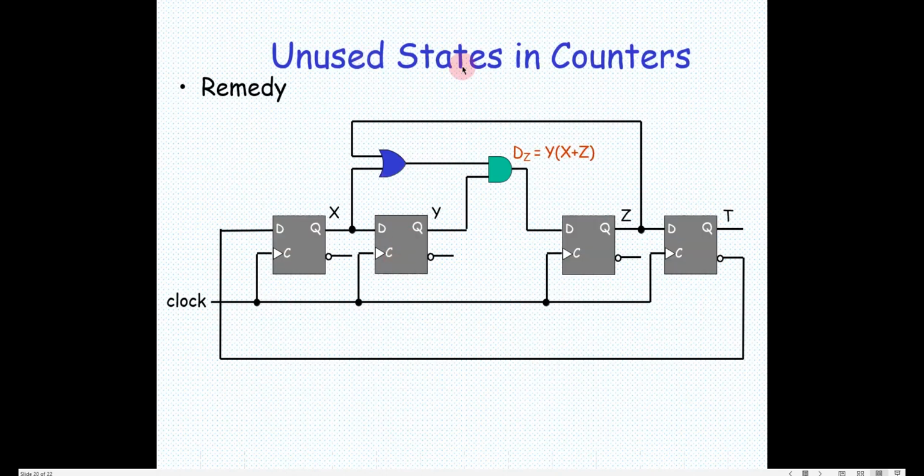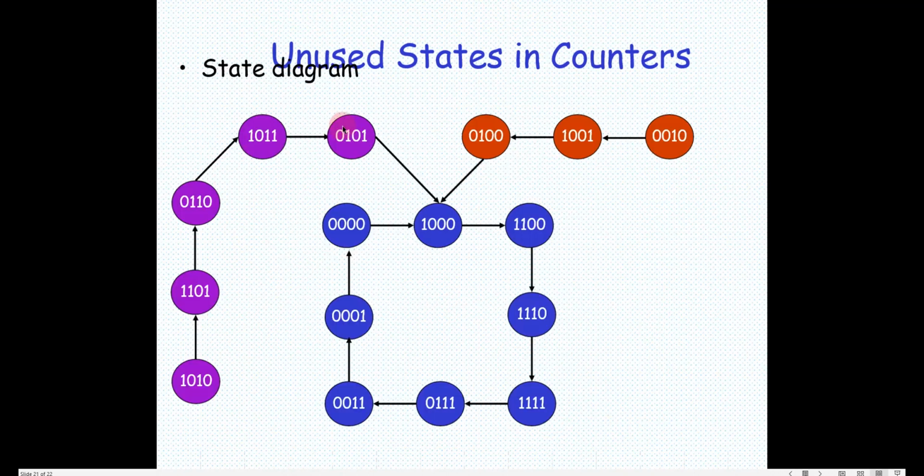Somebody had suggested this particular option. What it does is, whenever it goes into an unwanted state, these two additional gates, one OR and one AND gate which have been put here, bring the circuit back into the correct loop in this manner, right? As long as it is in this particular loop, it will keep running in this loop.